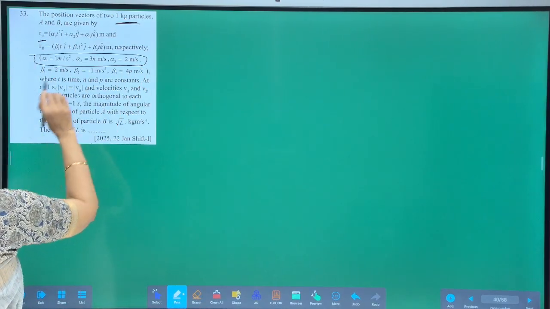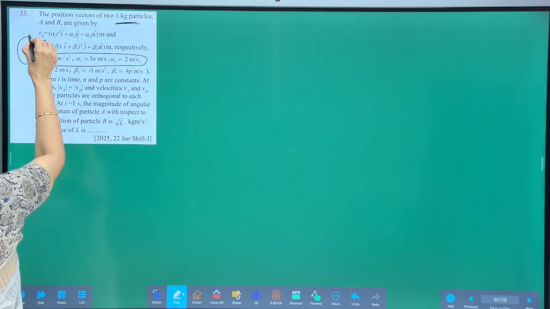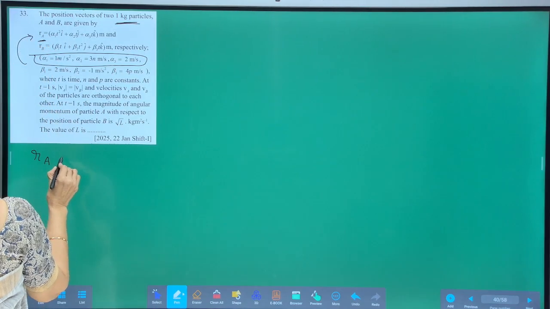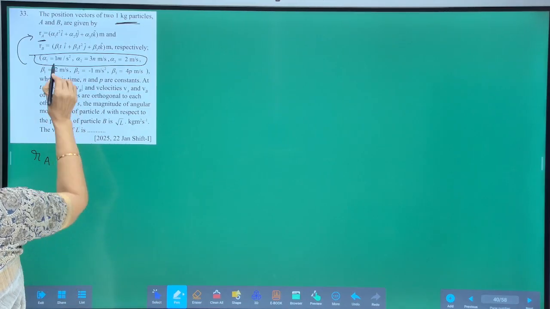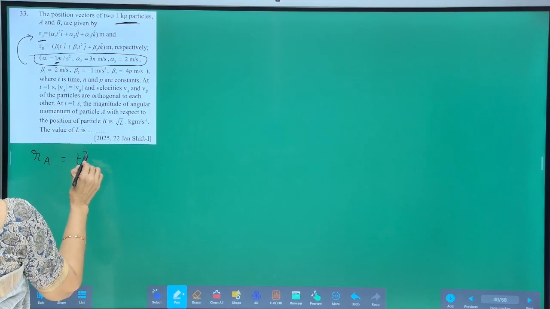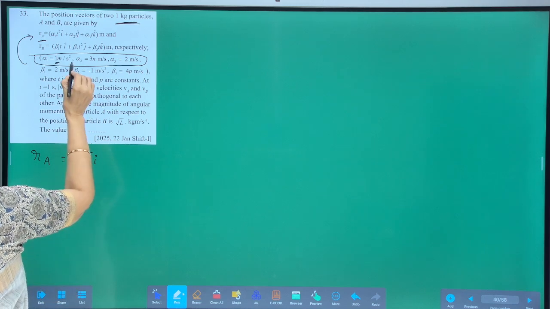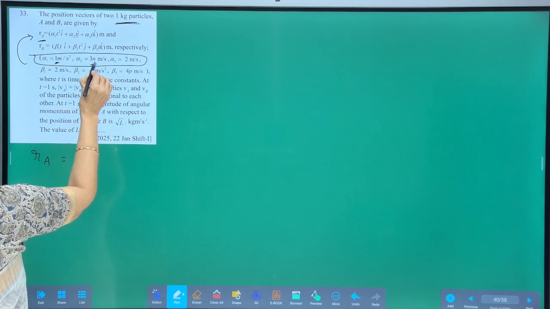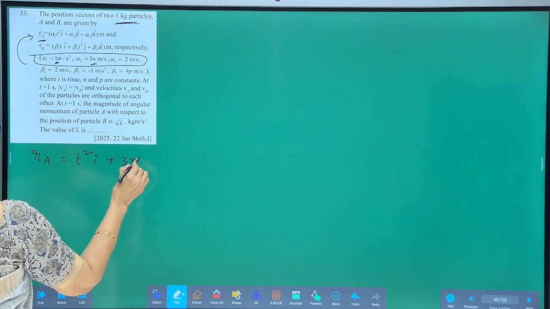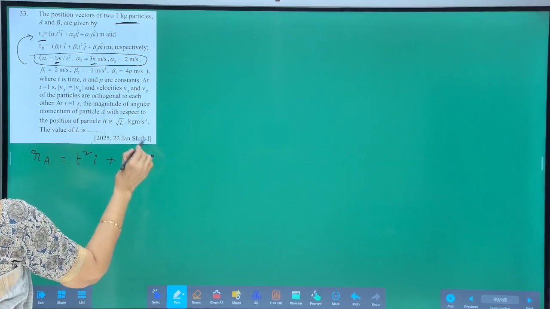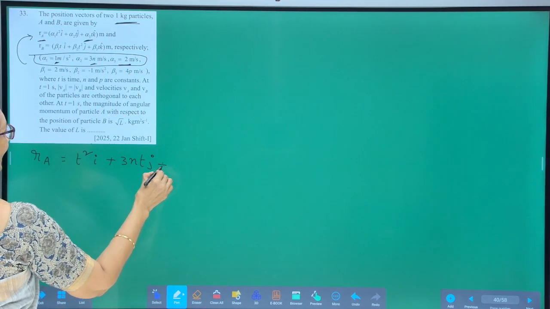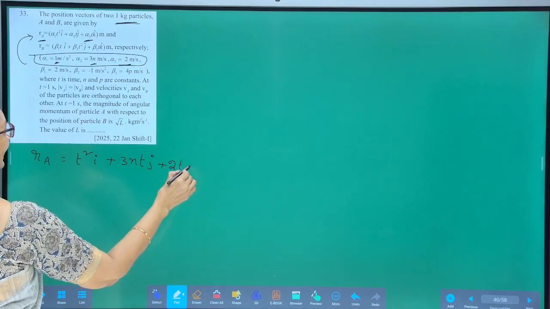I am substituting straight away here and I am writing the position vector of the particle A. Alpha 1 is given as 1, so 1 into t square i, alpha 2 is given as 3n, so plus 3n into t j, alpha 3 is given as 2, so plus 2t k.